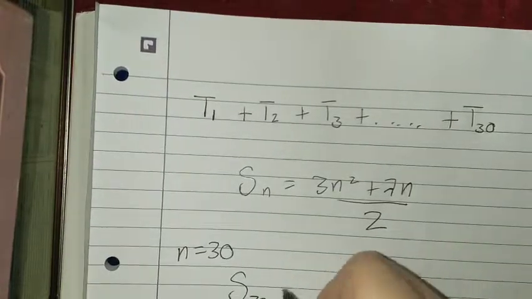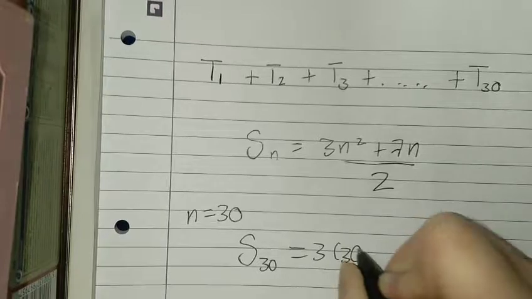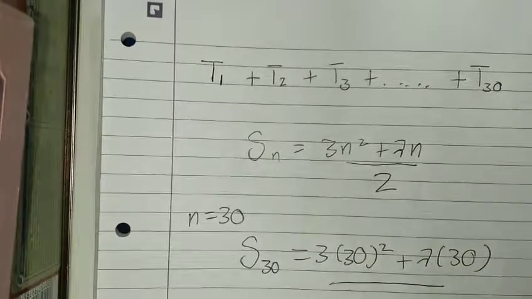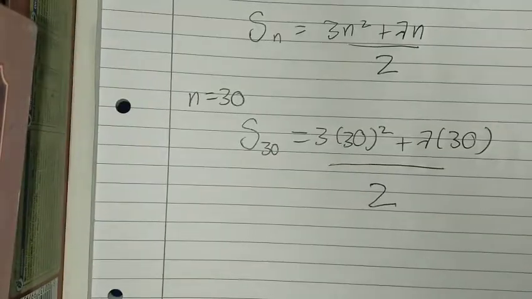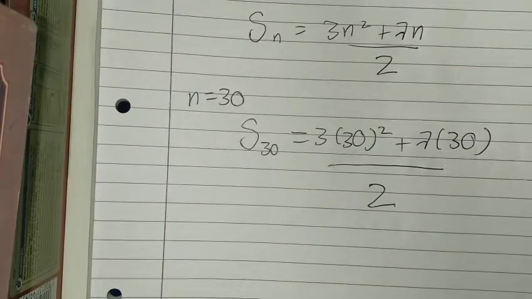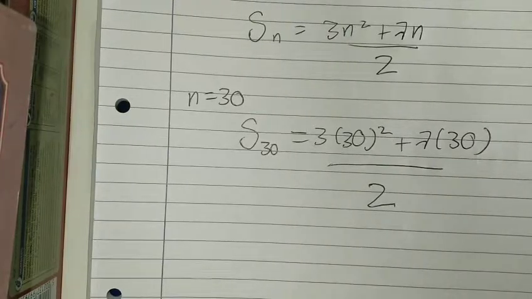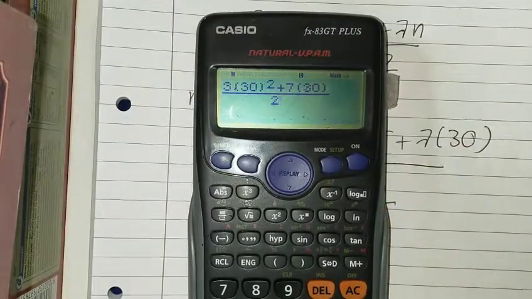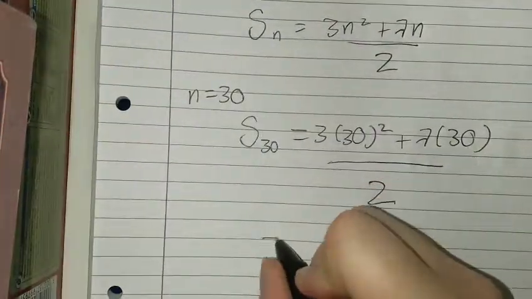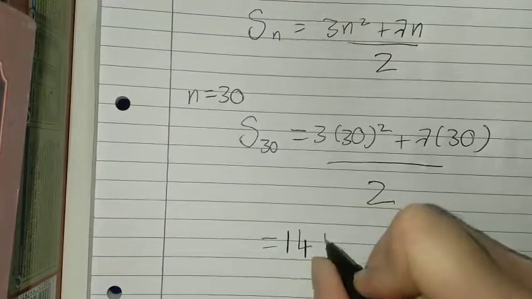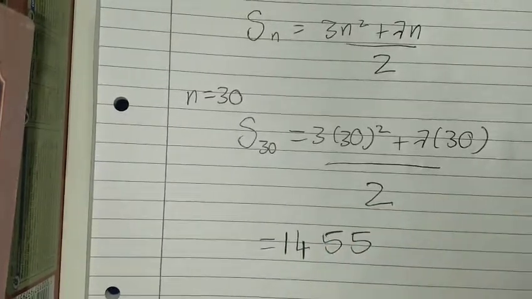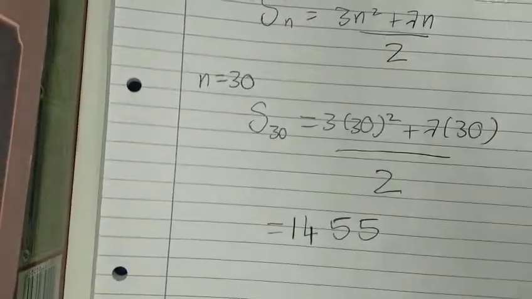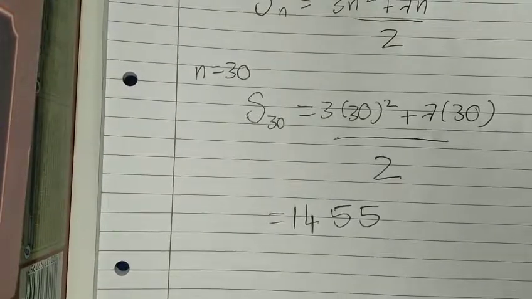So S of 30 is 3 by 30 squared plus 7 by 30 over 2. I plug this into my calculator, and that is equal to 1455. So that's the total number of tiles in all the patterns up to pattern number 30, and that is my answer for that question.